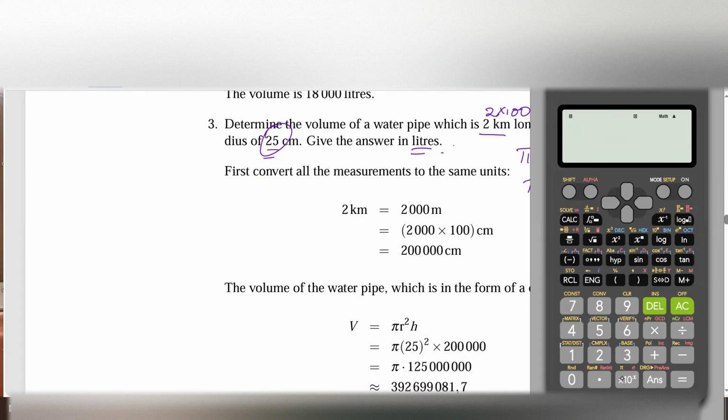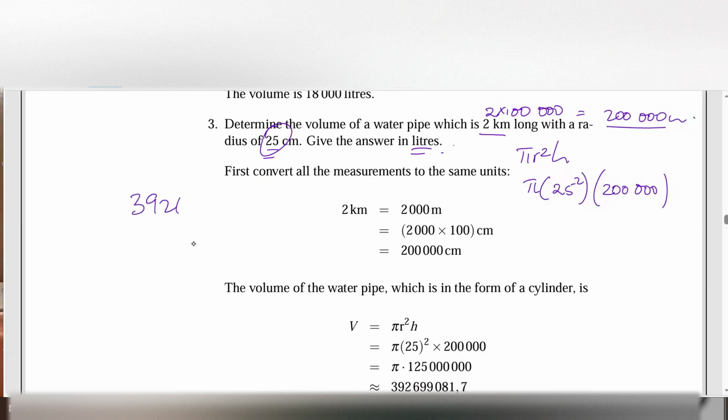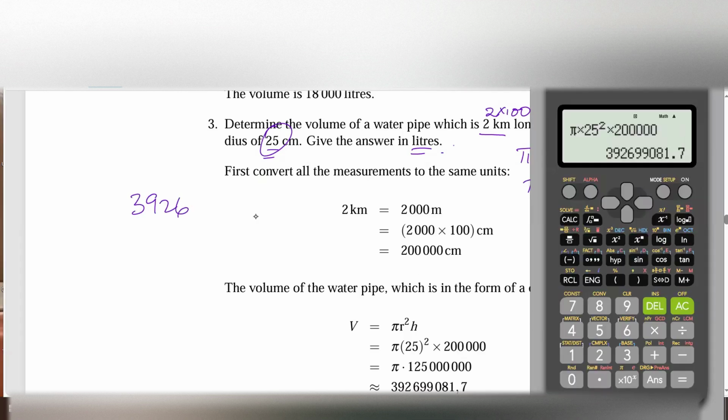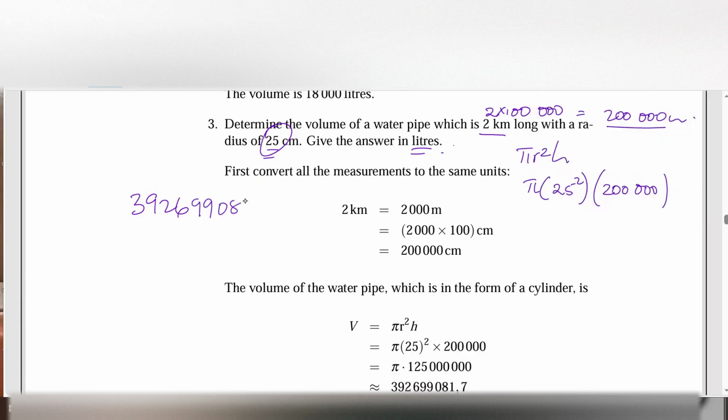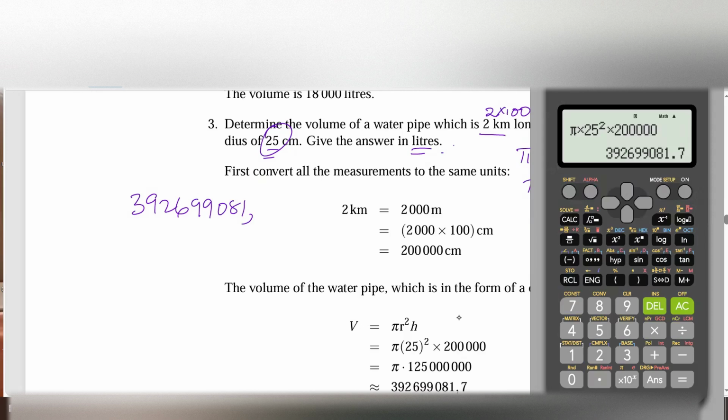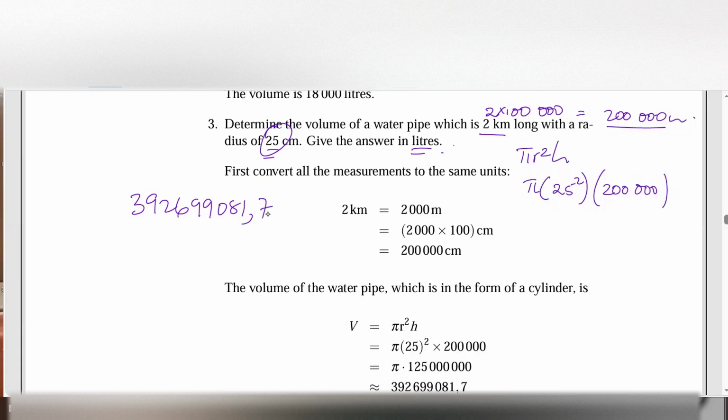So pi multiplied by 25 squared, multiplied by 200,000. Okay. So we are getting 3926 99081, comma 7. So this is going to be in centimeters cubed.